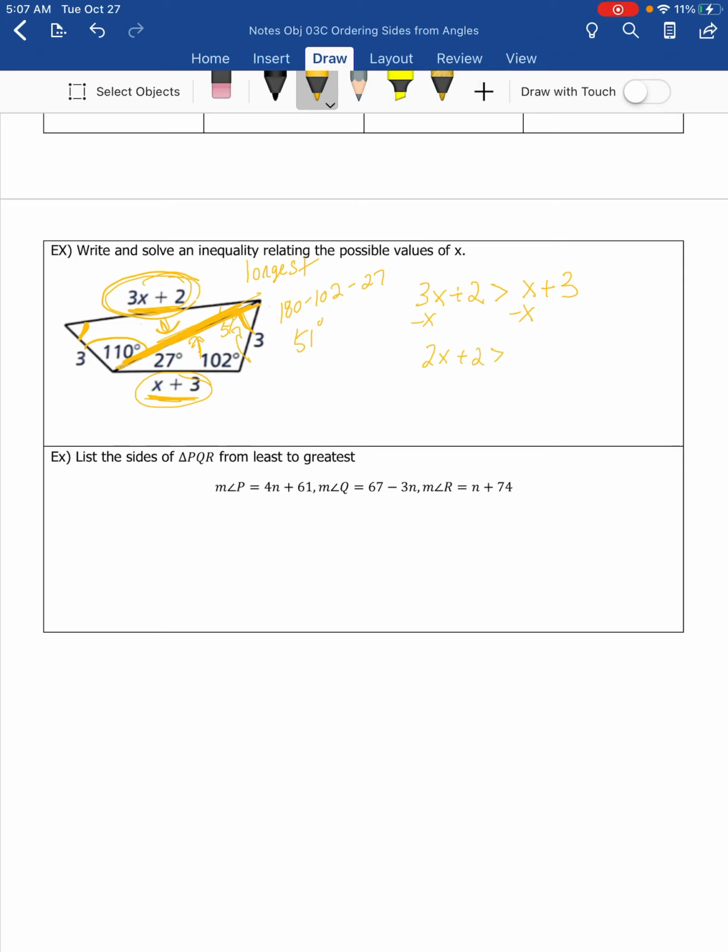So this is going to be 2x plus 2 is greater than 3. 2x is greater than 1. x is greater than 1/2. And there we go. My x value just has to be bigger than 1/2.